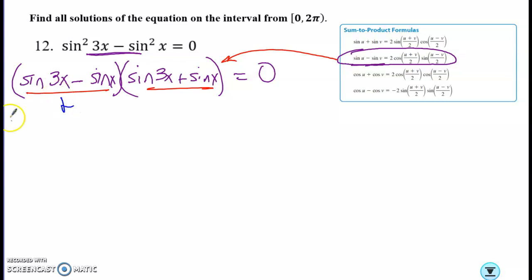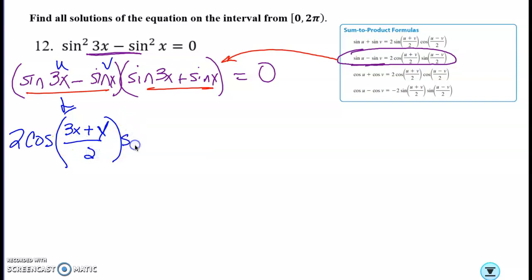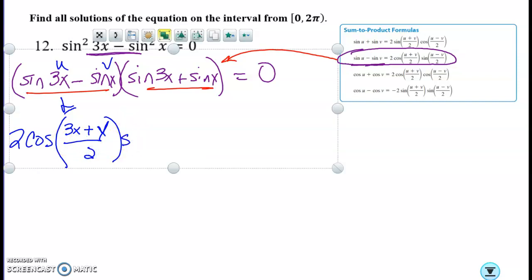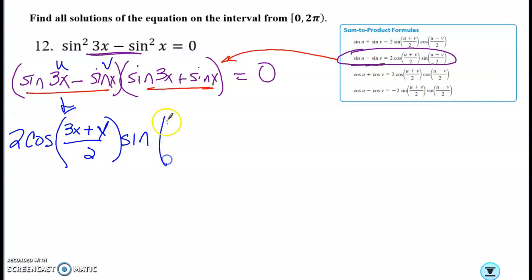Now I'm going to use this identity for both of these and make it look a little bit better. So this is going to turn into 2 times the cosine. This is my u, this is my v. So it's u plus v, which is 4x, divided by 2, times the sine of u minus v divided by 2. So that's our first set of parentheses.